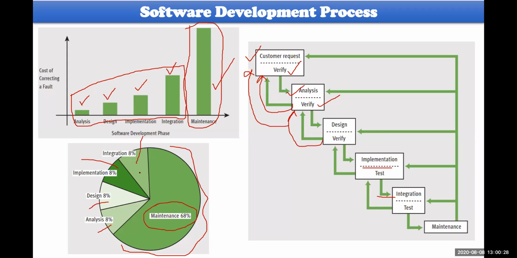The earlier stages take very little time and cost, but maintenance lasts approximately 5 to 15 years and involves a huge amount of money. So this is the software or program development process.